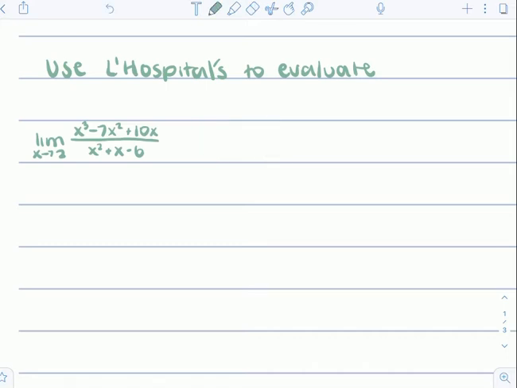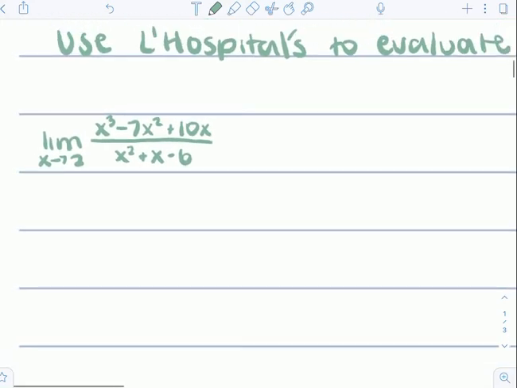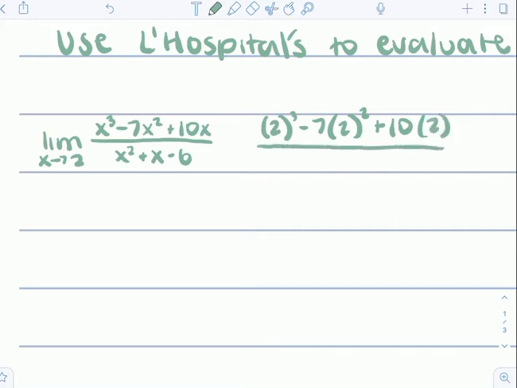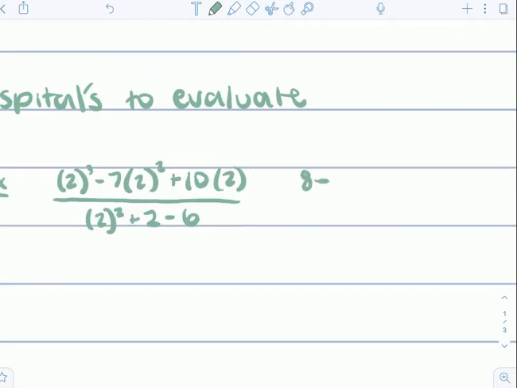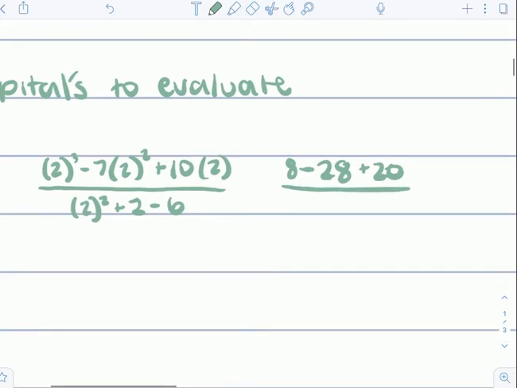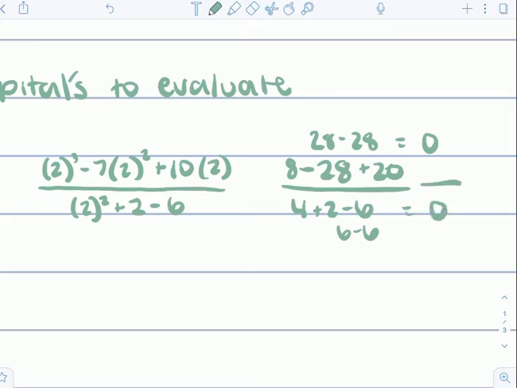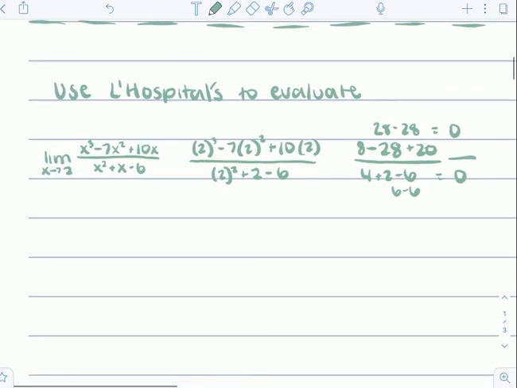So in this question, it says the limit to 2, and the first thing that we should do is plug in the 2 in the expression. So we've proven that L'Hopital's can be used.